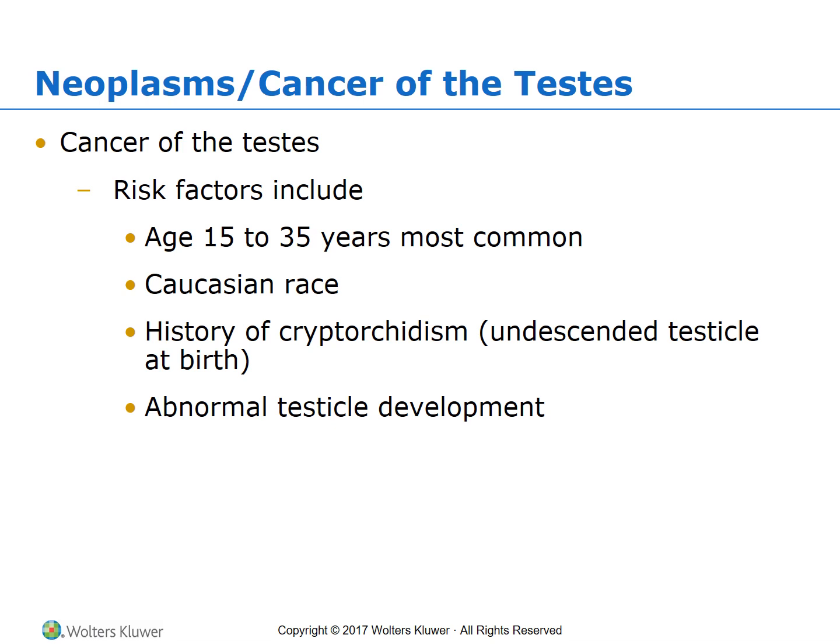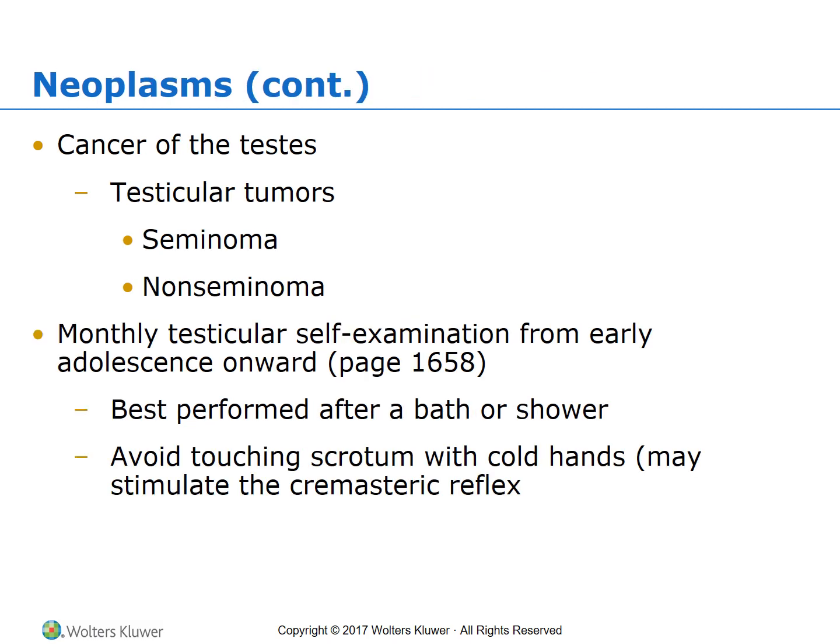There are also two types of surgery they can do: an inguinal orchidectomy or a retroperitoneal lymph node dissection. So there are two different approaches for surgery. With cancer of the testes, they may feel a dull ache in their abdomen and groin.